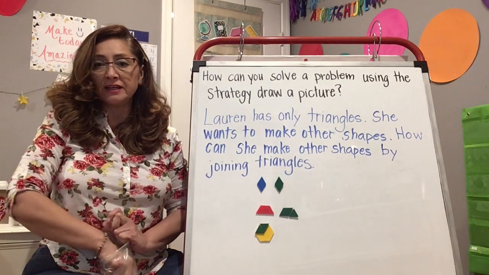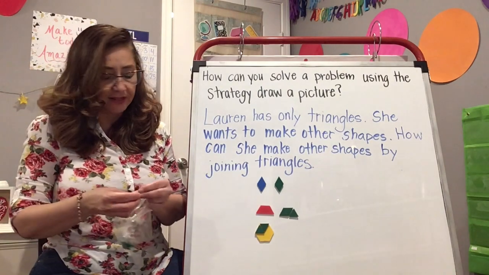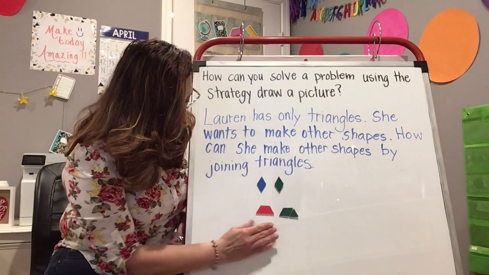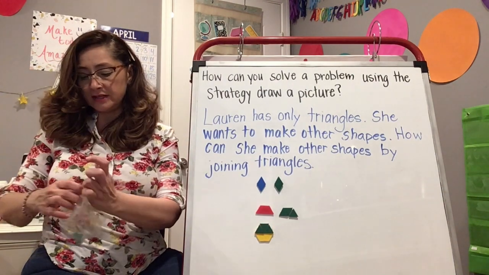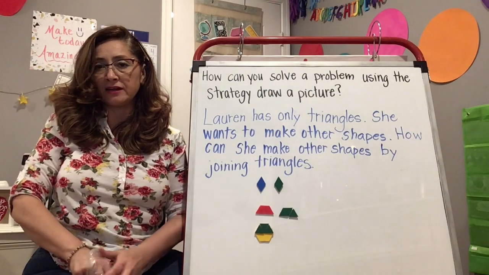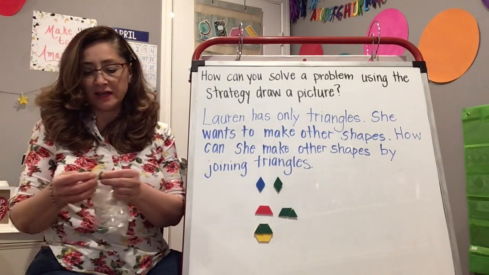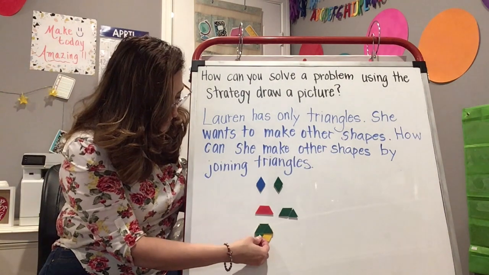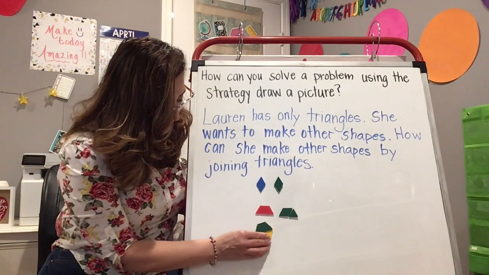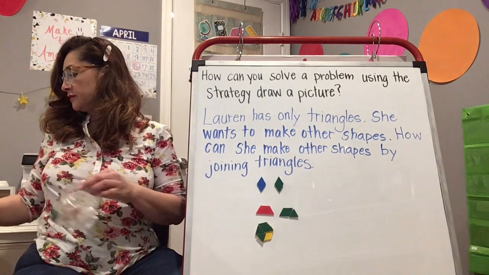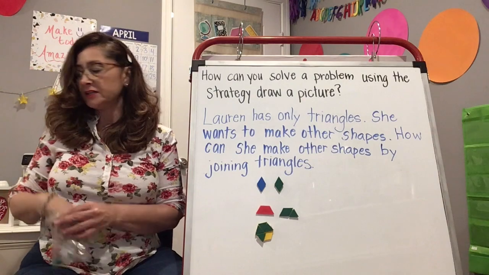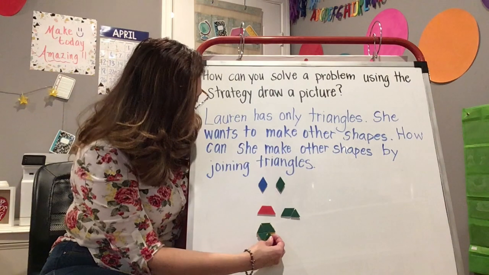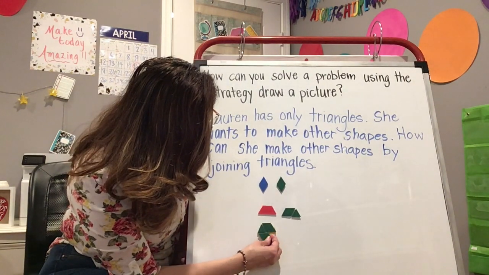And then she needs to continue filling up her hexagon and continue with her triangles to fill up that hexagon. Then she needs to make sure she's placing them in the right position. If she needs to rotate a few, she can.